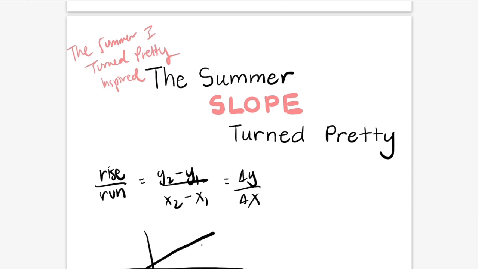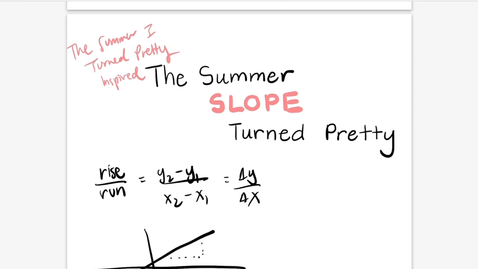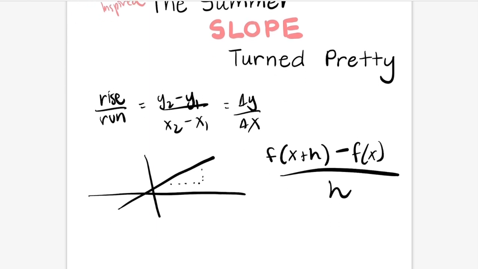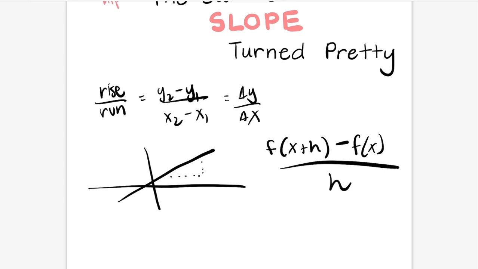So the secant line is the slope between 2 points, right? And this, in notation that will become useful when we learn about the derivatives, is going to be f of x plus h minus f of x over h. This is what we're used to. This is slope. This is the average rate of change.